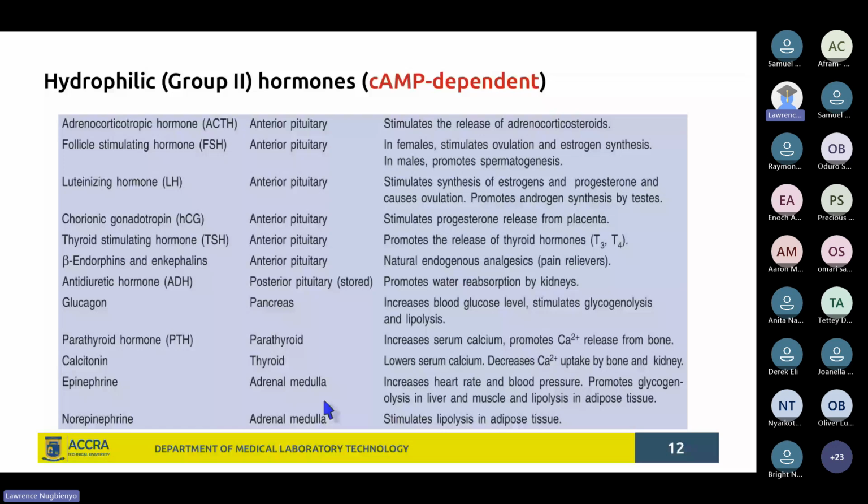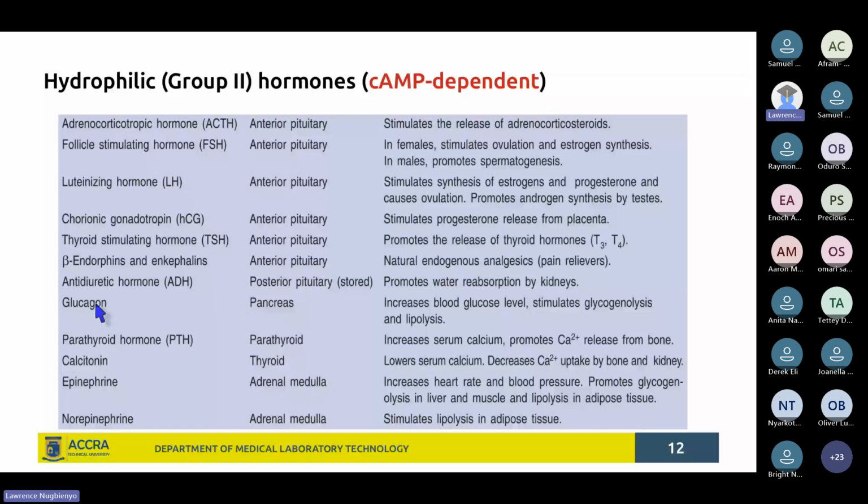You have the epinephrine increasing heart rate and blood pressure. And of course, it promotes glycogenolysis, the breakdown of the energy storage in the liver and the muscle. And also lipolysis, breakdown of the lipids in the adipose tissue. So that is the same as glucagon. It's doing similar things like glucagon.